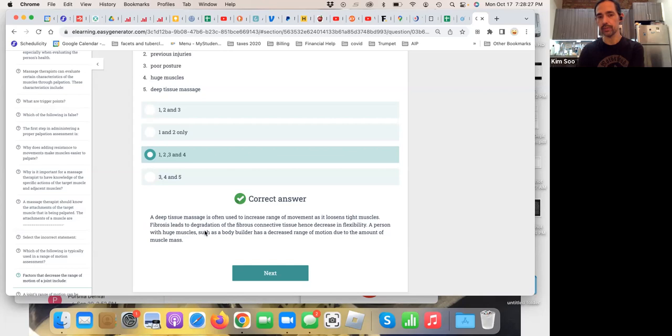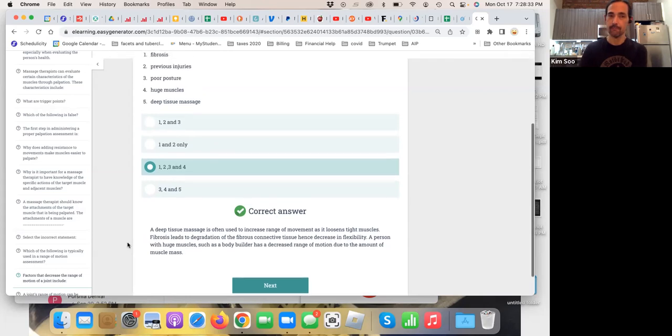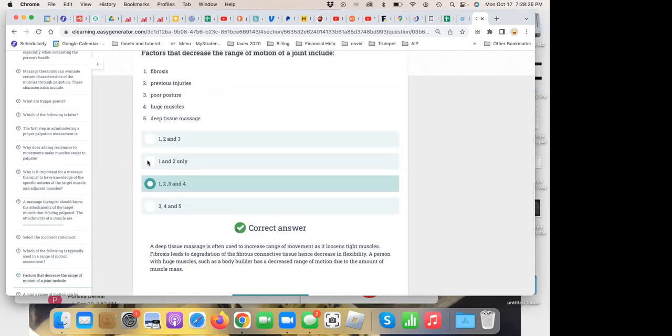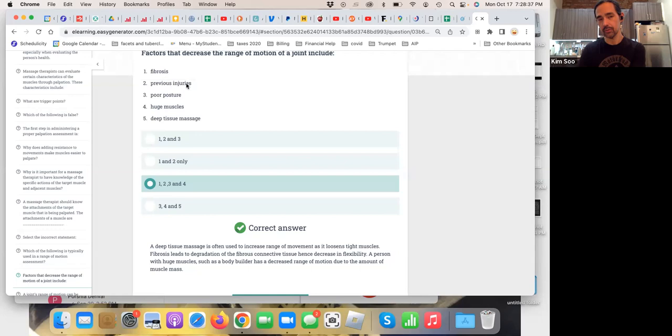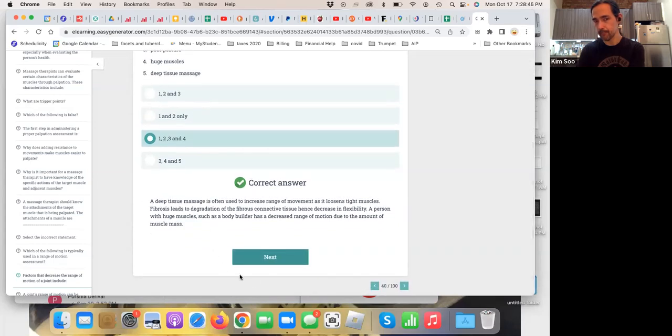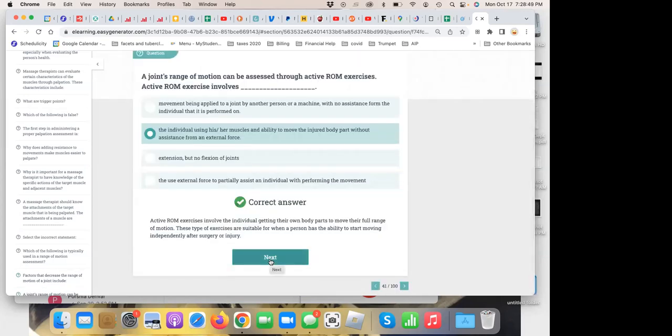A person with huge muscles, such as a bodybuilder, has a decreased range of motion due to the amount of muscle mass. Okay. And I guess they're assuming that they don't have to explain that previous injuries or poor posture can decrease range of motion. We good? Yes. Okay.